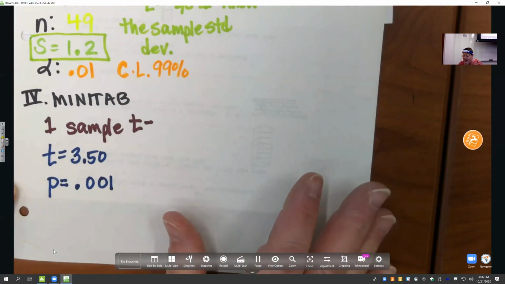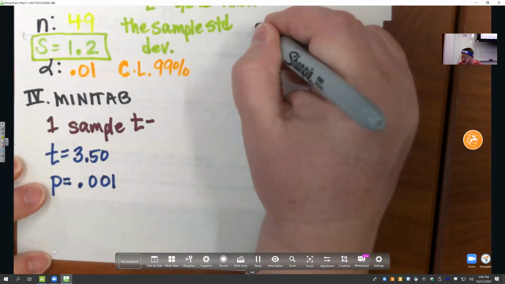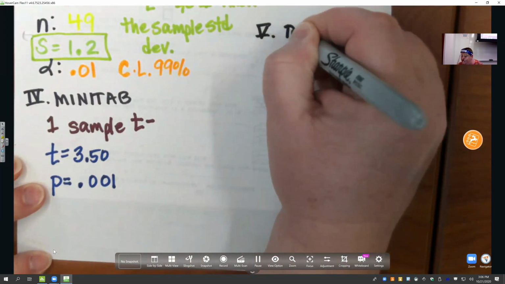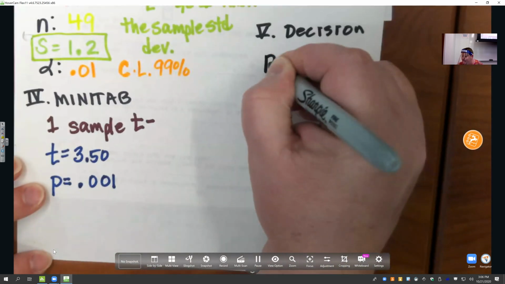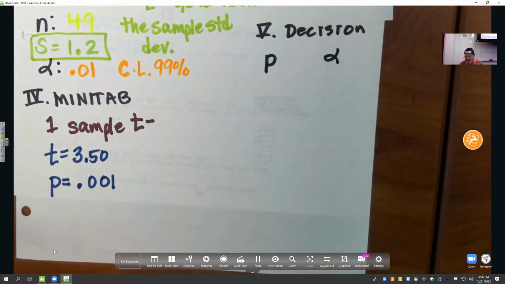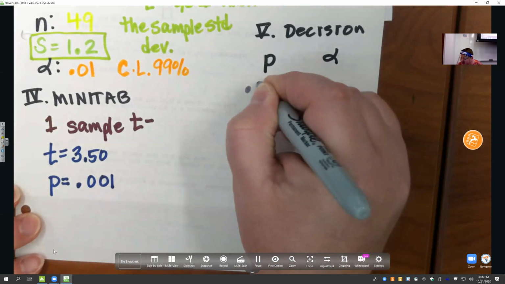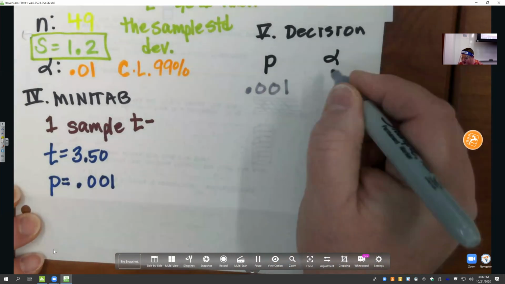We're up to step 5. At step 5, we have to make our decision. We're going to compare P to alpha. P we got from Minitab, which is 0.001.